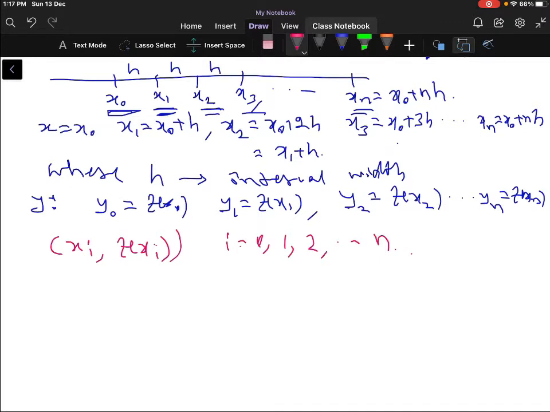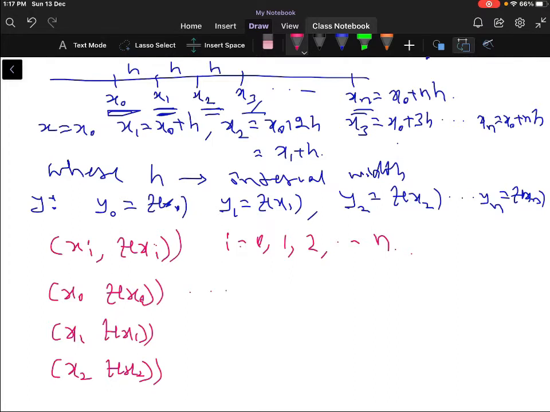When i is 0, x naught comma f of x naught. When i is 1, we have x1 comma f of x1. When i is 2, x2 comma f of x2, and so on. When i is n, xn comma f of xn.